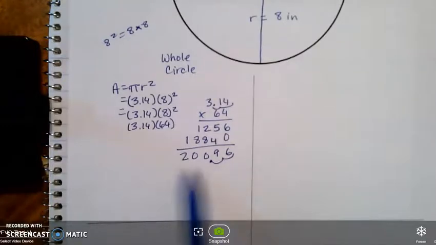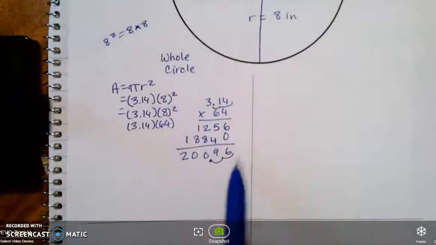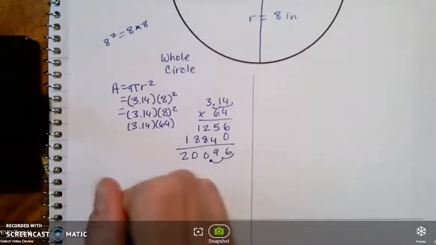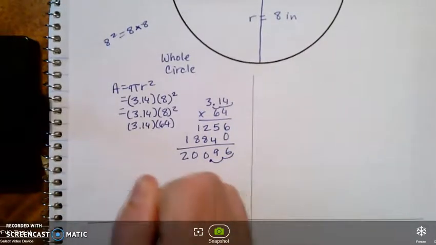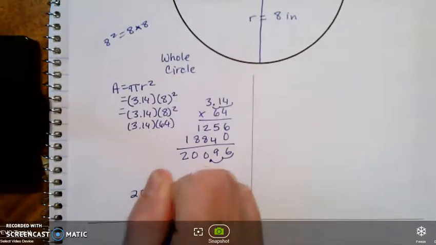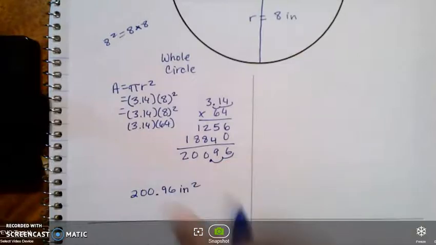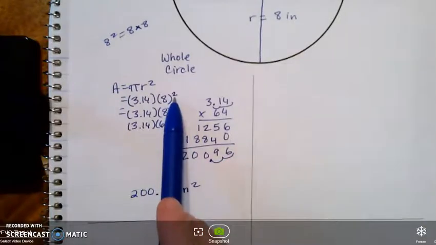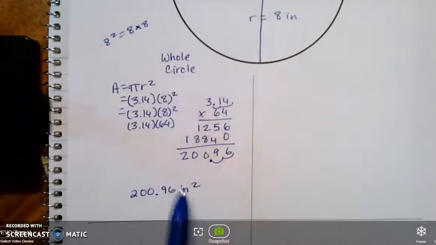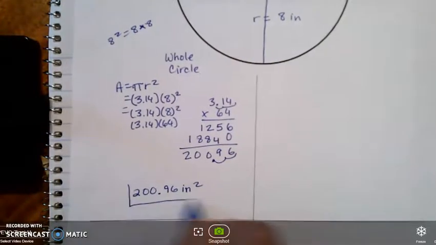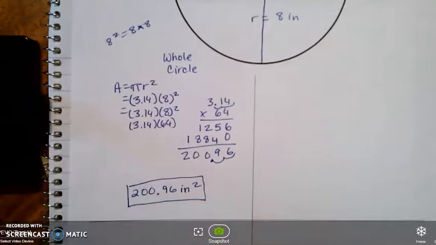Now double check your decimal. 1, 2, 1, 2, right? Now, what did y'all get for your units? Hopefully you remembered it's inches squared. I always remember that because in the formula it's squared. It covers a surface. These are our units for area. So right here we have area of the whole circle.